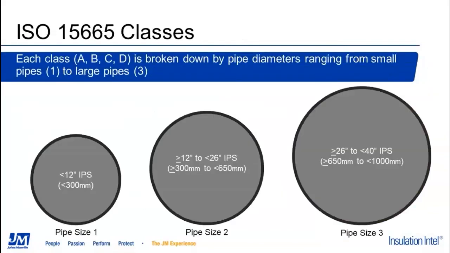So even deeper in the ISO classes, it establishes three different pipe size ranges, the smallest being anything less than 12 inches in diameter. What's most popular and most common out there in the market is that mid-range pipe size 2, which is anywhere from 12 to 26 inches in diameter. That's more because that's the easiest, most available testing size that's arranged.